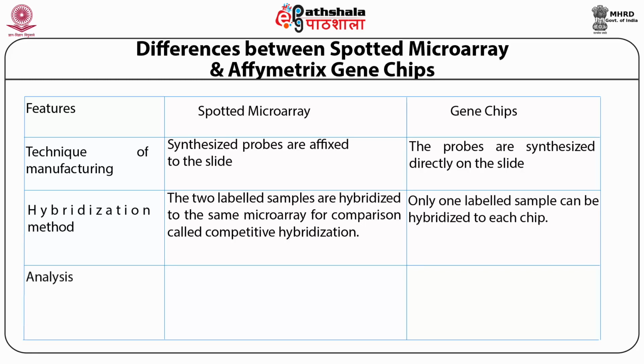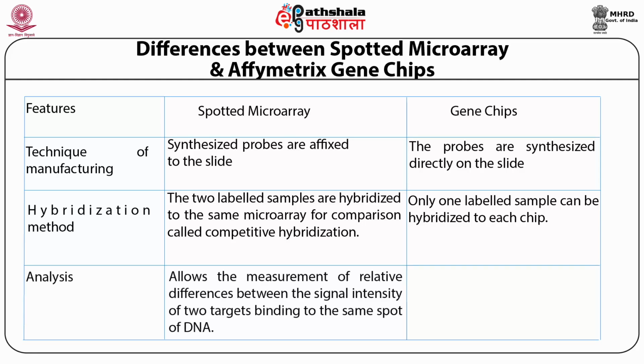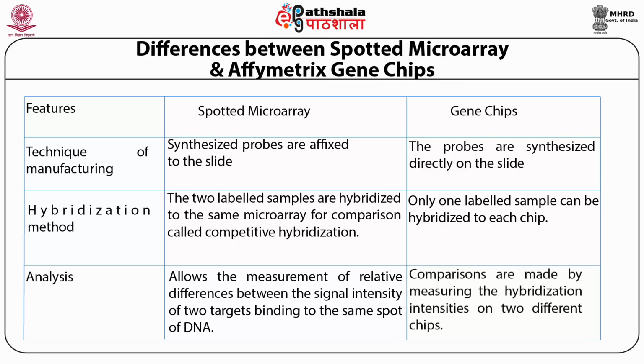In terms of analysis, the spotted microarrays allow the measurement of relative differences between the signal intensity of two targets binding to the same spot of DNA, whereas comparisons are made by measuring the hybridization intensities on two different chips in the case of the GeneChips.